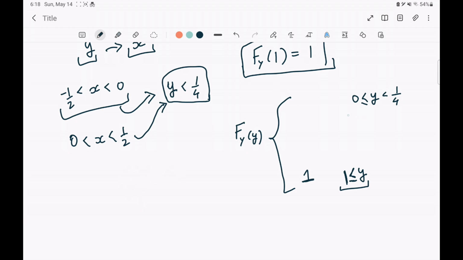Now let's see this range. This range basically means that small x lies between minus half and plus half. Now we have to find the behavior of the cumulative distribution function where x lied between minus half and half.